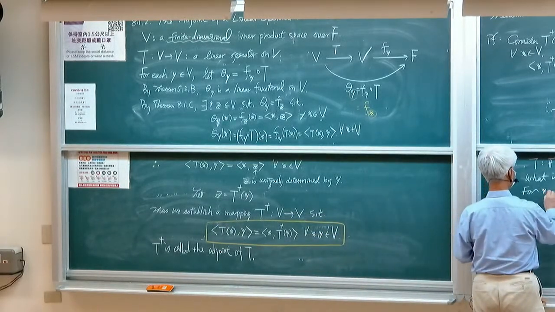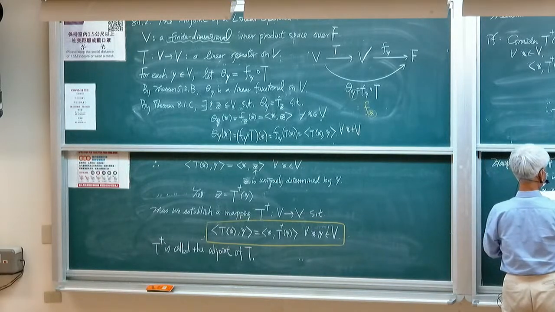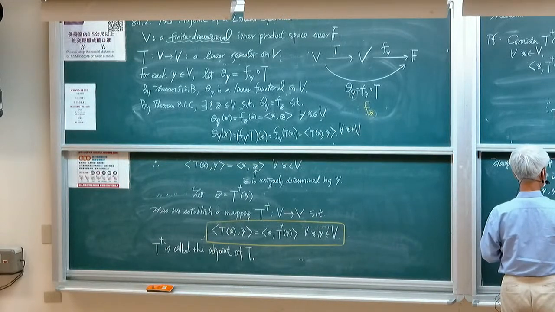So for x, y in the Euclidean space, we have <T x, y>.